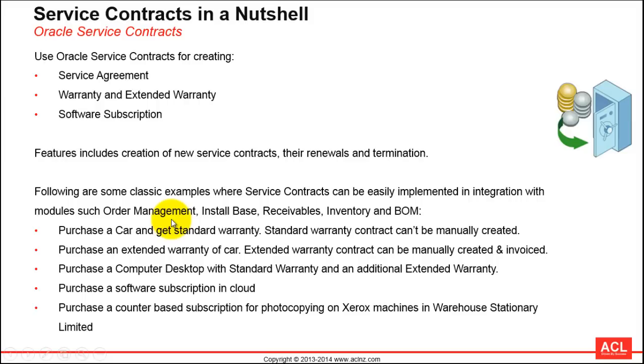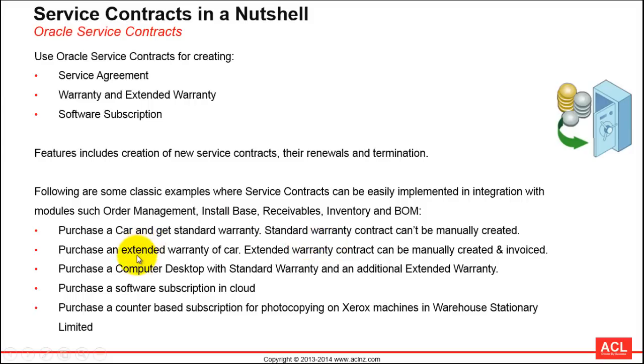So one can track the history of an item which is being sold in install base. Now, as I said, the standard warranty would be created automatically, but you've got to remember that a standard warranty one cannot create manually in the service contracts module, and it must always be associated with a saleable item.